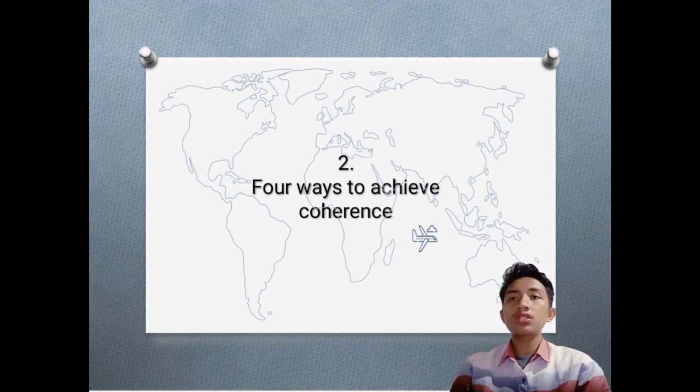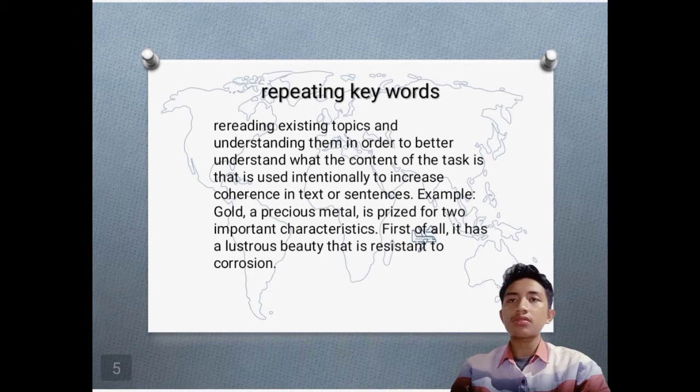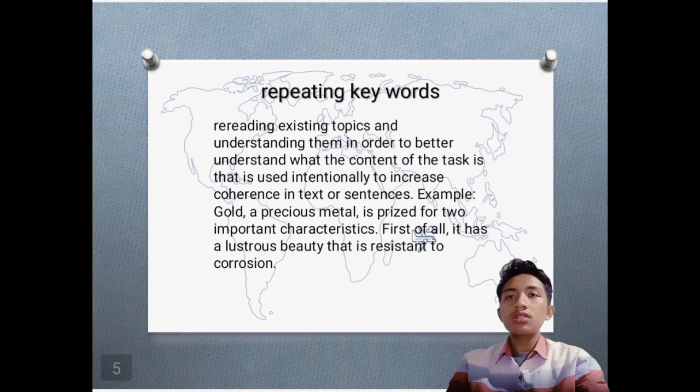So the second point is there are four ways to achieve coherence. The first one is repeating keywords. Rereading exciting topics and understanding them in order to better understand the context of the text is used intentionally to increase coherence in a text or sentence.